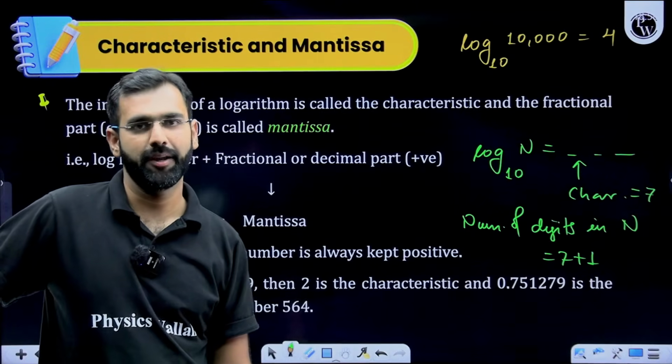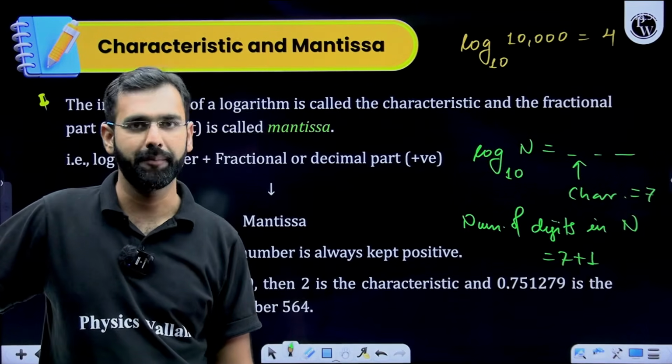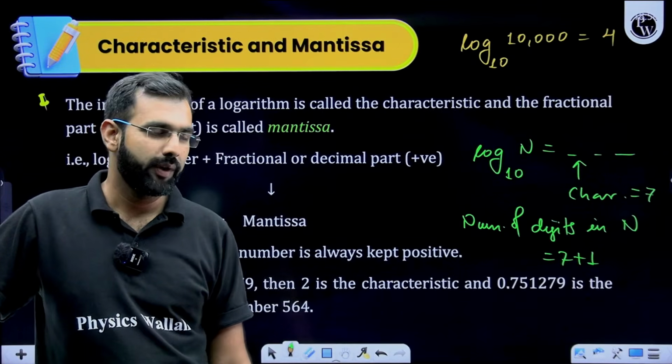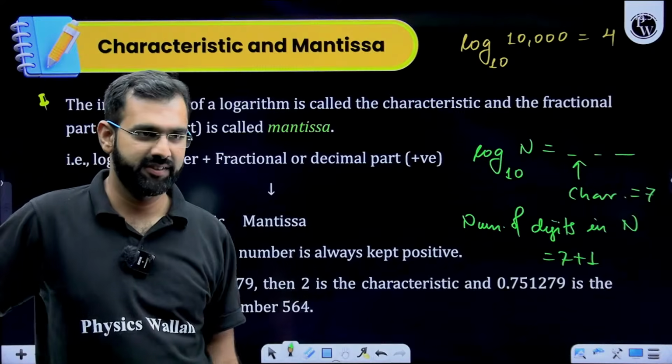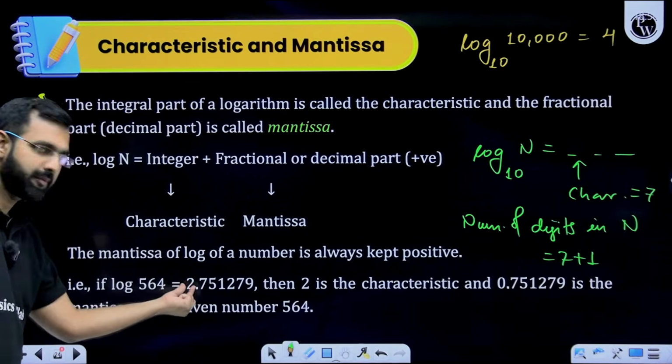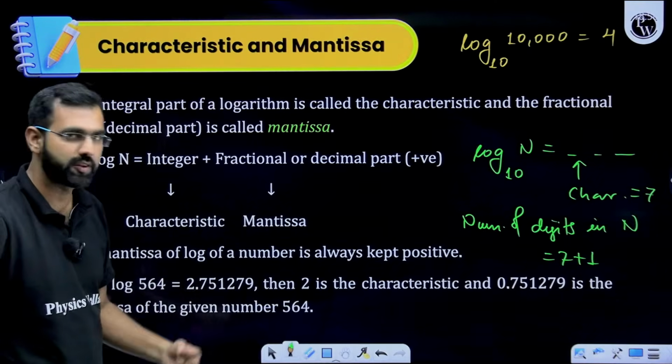Regarding characteristic and mantissa, all the participants, give me a quick update on this, or shall I repeat this part? Just give me a quick update in the chat box. Everybody able to digest this? I hope first of all, characteristic and mantissa: the part before the decimal is the characteristic, the part after the decimal is the mantissa.